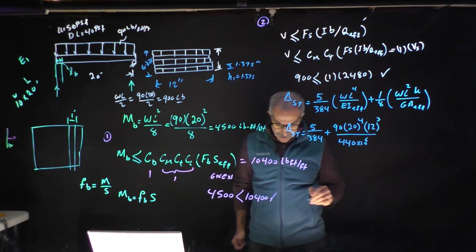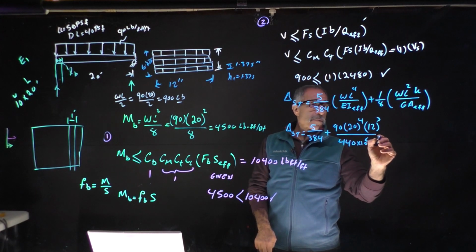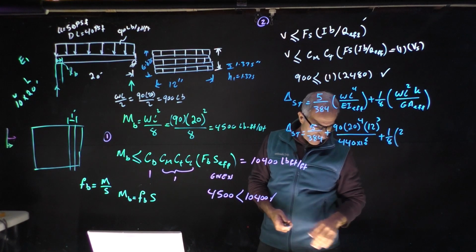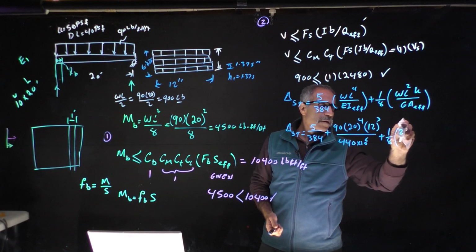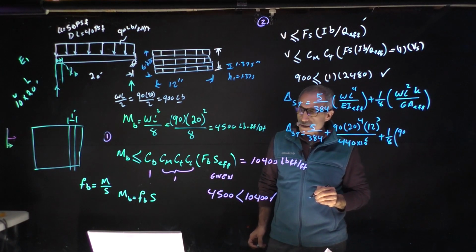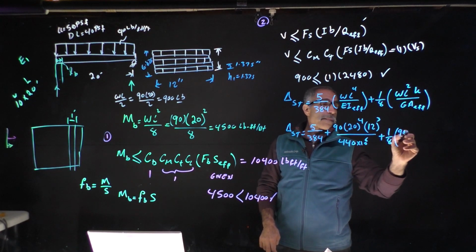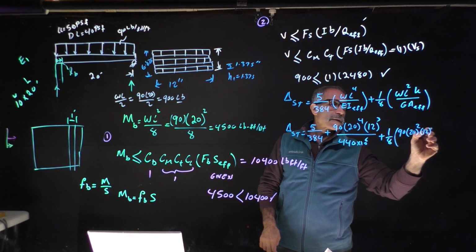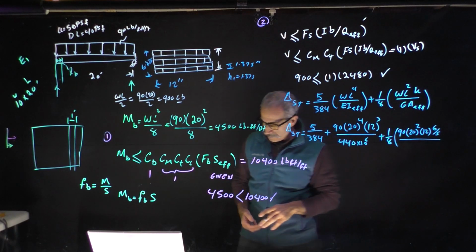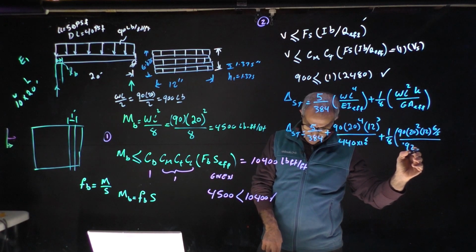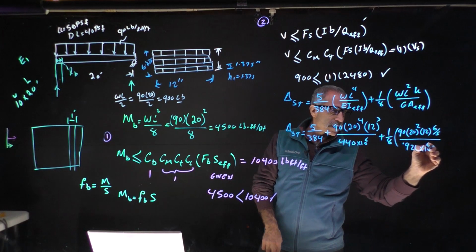And from table A2, plus 1/8 times W, 90, I lied, times 20 squared times 12, and we said it was 6/5 for K, divided by the GAF, which comes out to 0.92 times 10 to the power 6.